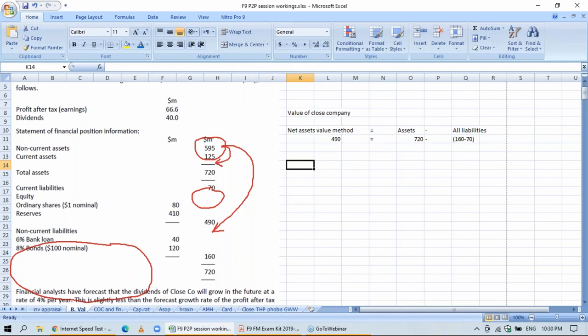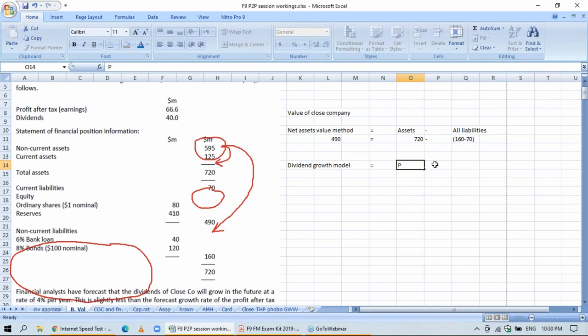The next method they have asked you about is the dividend growth model. I will tell you the concept of what the dividend growth model formula shows afterwards. Let me calculate first in this phase. The dividend growth model to calculate the price will be as follows.